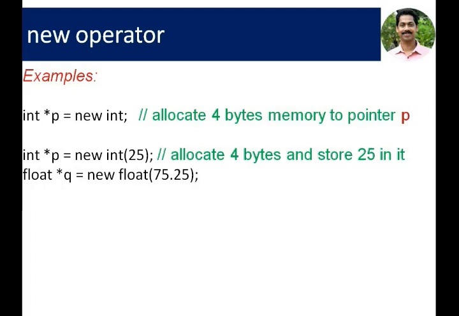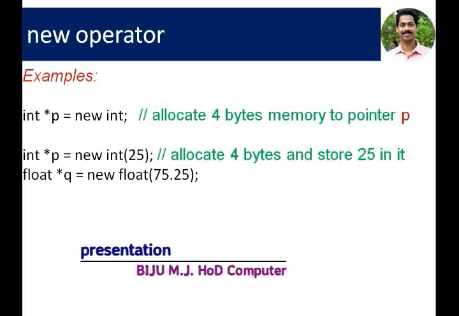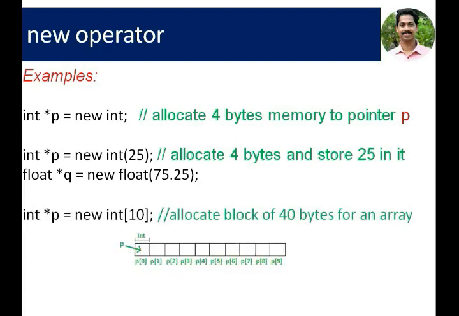Another example for a float variable, and also we are initializing the value 75.25. That value will be stored into memory. 4 bytes will be assigned, and the address will be stored into q. Another one is array dynamic allocation. Here new int[10] means 10 values have to be stored in the heap memory.